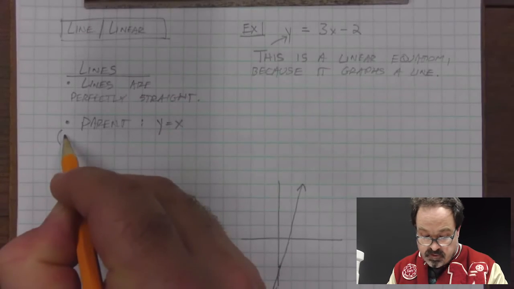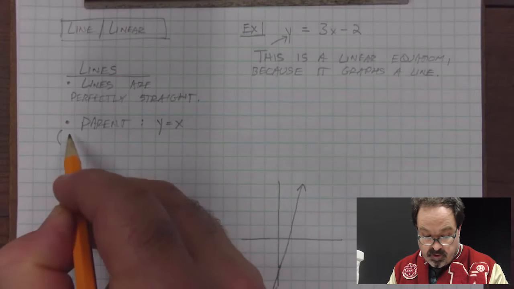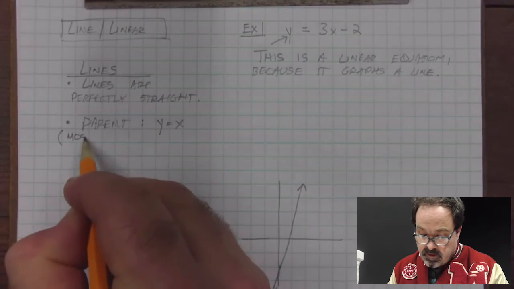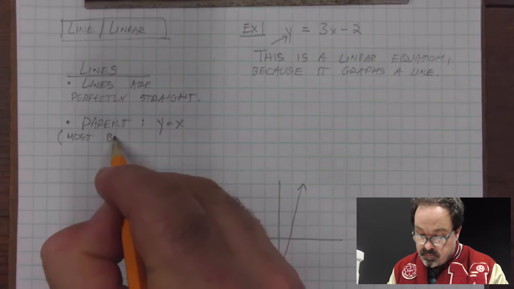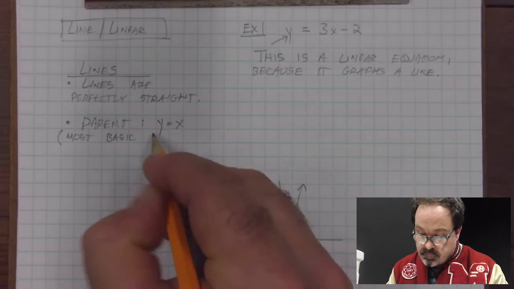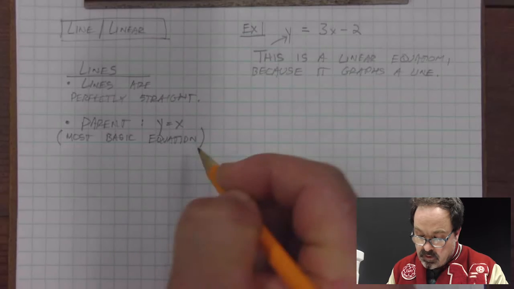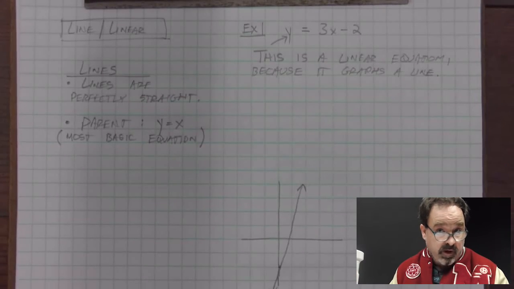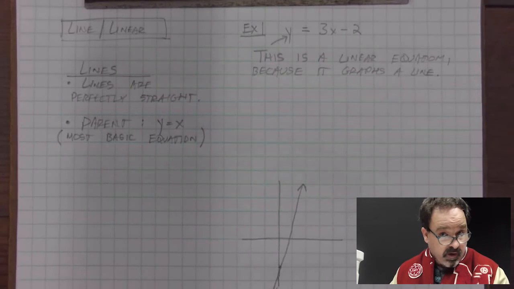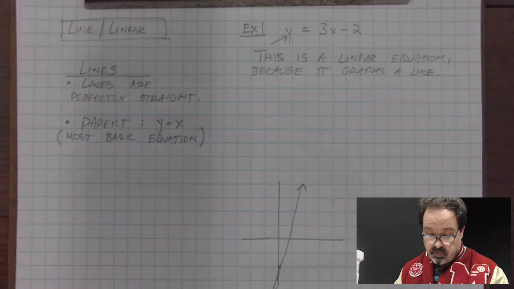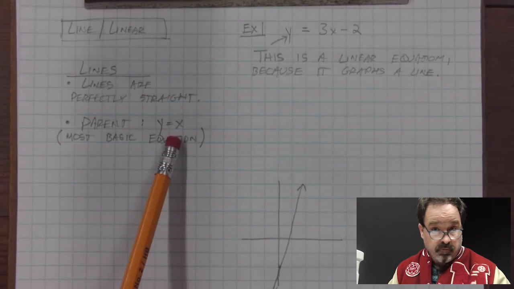In parentheses, I'm going to describe this use of the word parent. We mean that it's the most basic equation. There are other parent equations for other types of graphs and equations. This is the parent equation for lines.